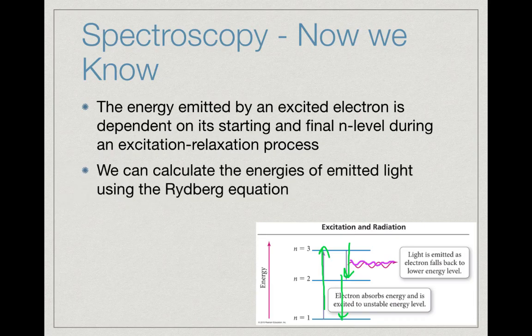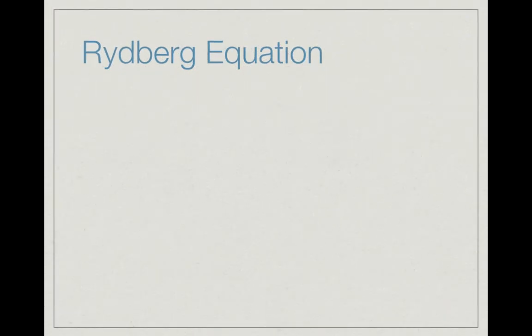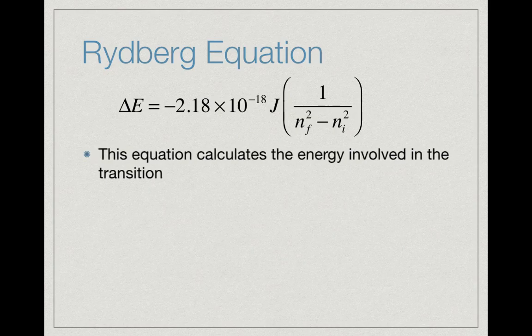So now that we have the energies of our energy levels, due to the Rydberg equation, we can calculate the energy lost or gained in going between either an excitation or a relaxation process. And we can calculate the frequency and wavelength of light that comes out from a radiation process. So let's take a look at the Rydberg equation.